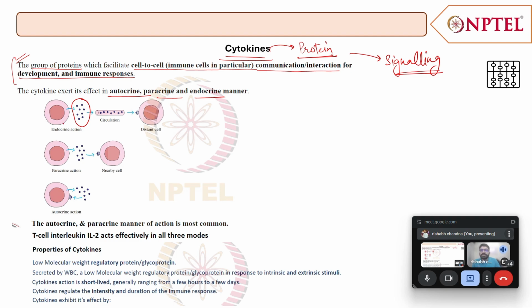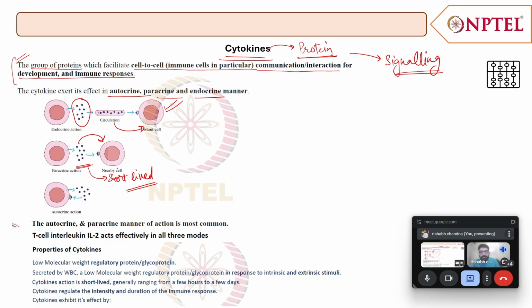So these cytokines can be released in blood under circulation, and then they can reach a distant cell and impart their function. They can be paracrine, that means the cell that is secreting them will allow them to function on a nearby cell also. So that is called paracrine, and this is short lived.